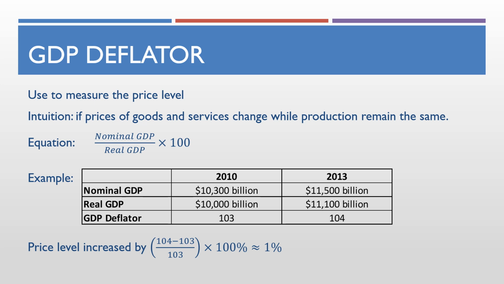When you have a GDP deflator with an index number lower than 100, that means the overall price level in the current period is lower than the base year. And we can also use this GDP deflator to calculate the overall price changes from period to period using the same exact percentage change equations.